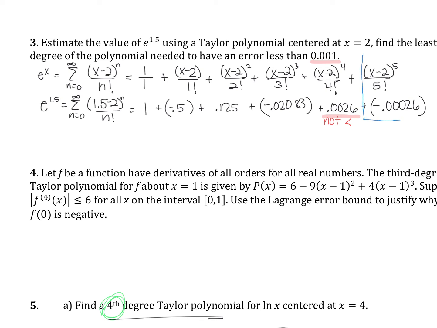This is the term where it's less than. So my remainder happens on that fifth term, which means that the polynomial I want, we need a fourth degree polynomial, so that the error, which happens on the fifth term, is less than 0.001.